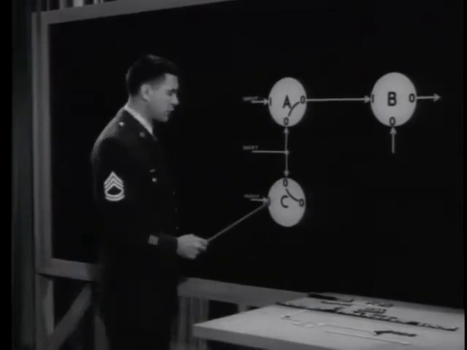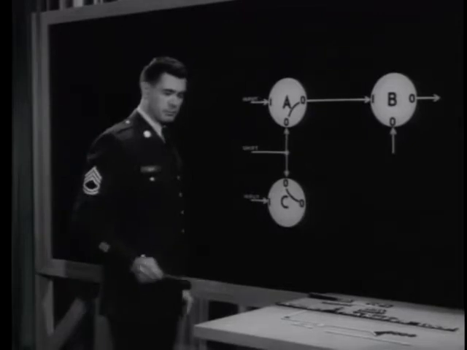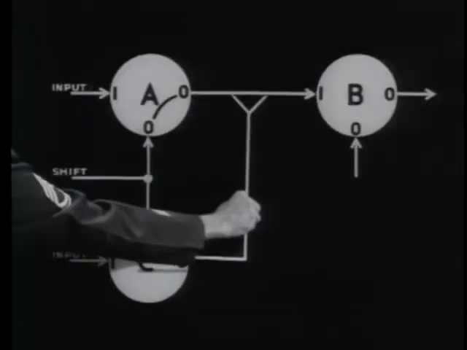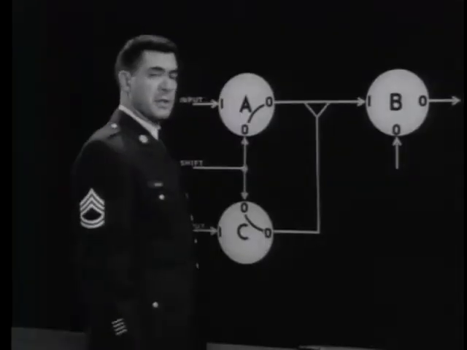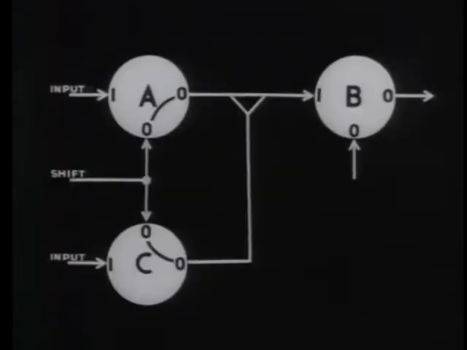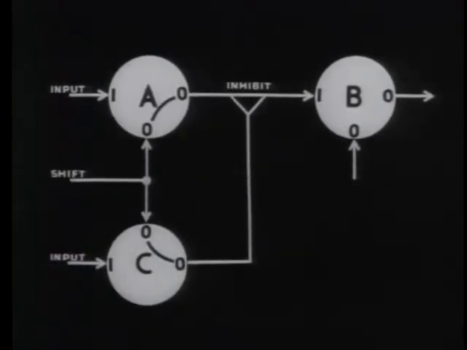If core C is at 1, the shift pulse will clear it back to 0. And the change in flux will, of course, produce an output. But this output from C serves a special purpose. Whenever it occurs, it will prevent or inhibit the flow of current from core A to core B. And this action gives the loop its name, the inhibit transfer loop.